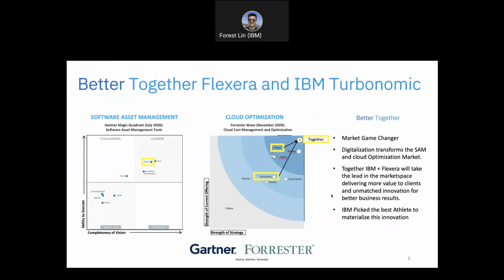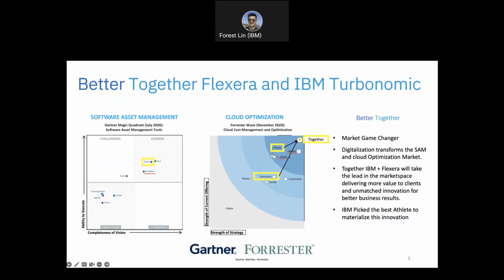Let's see the market position of Flexera and IBM Turbonomic. On the left side is software asset management, and as you can see, Flexera is one of the top leaders in the Magic Quadrant. And from the cloud optimization perspective, Forrester Wave says Flexera is also a leader and Turbonomic a leader, but they are doing different value propositions.